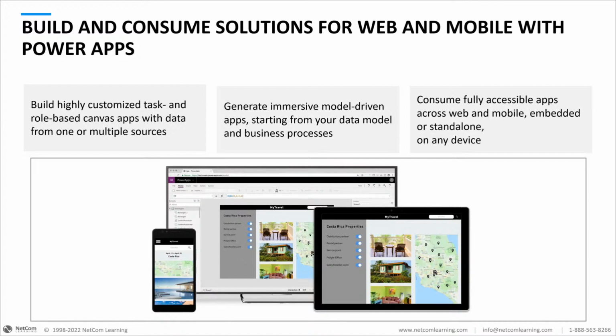And so you can create highly customized task-based and role-based applications, whether they're based on Canvas apps, where you have data that's coming in from one or multiple sources. You also have the ability to create a model-driven application, which starts from a data model or business process.